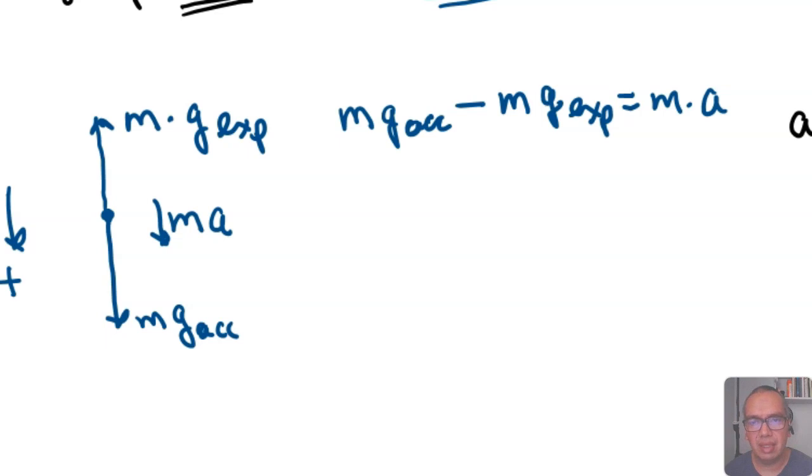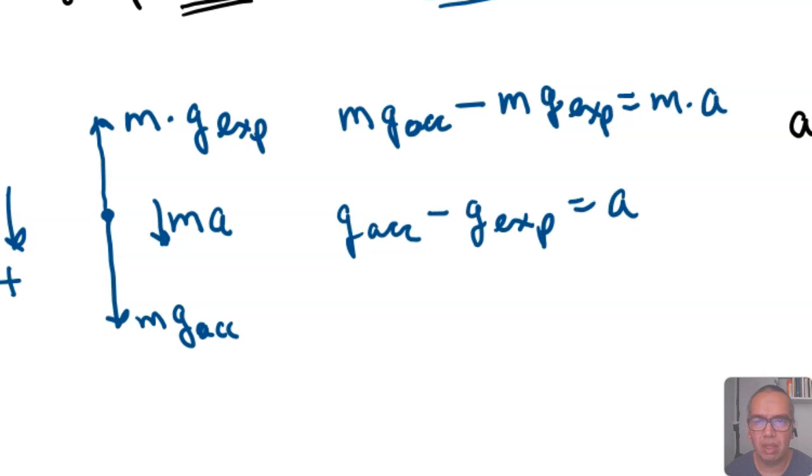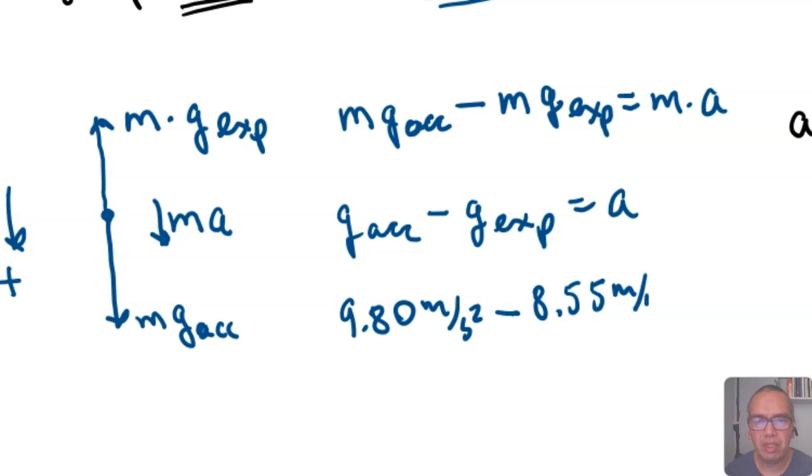Now the mass cancels, and so what we have is g accepted minus g experimental is equal to the acceleration you're looking for. So you have 9.80 meters per second squared down, 8.55 meters per second squared up, and that's your acceleration.